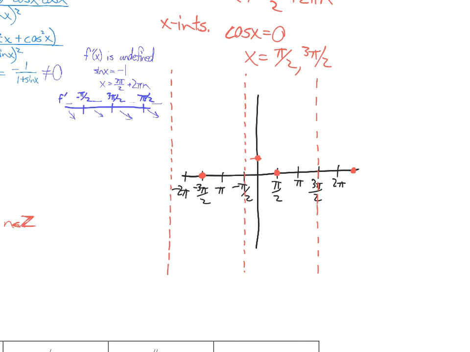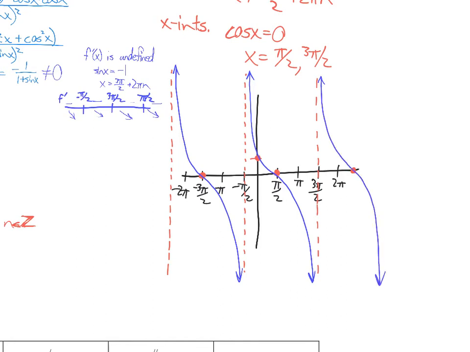I can sketch it before I even get the rest of the information here. Notice it's decreasing for the entire domain. That's what that would look like.